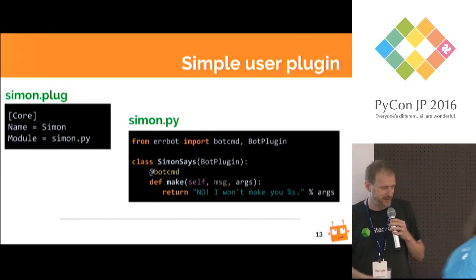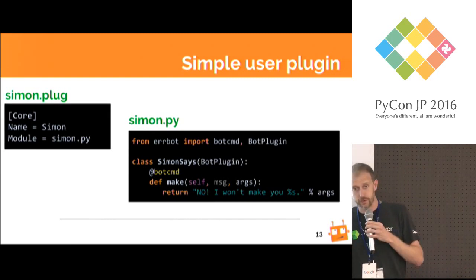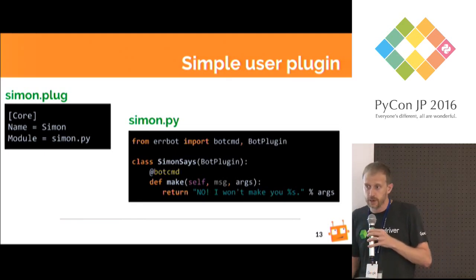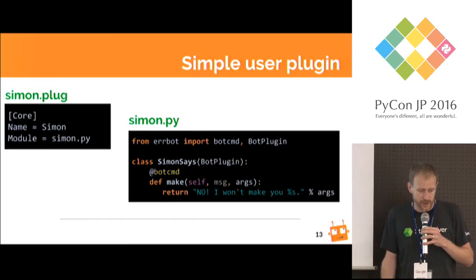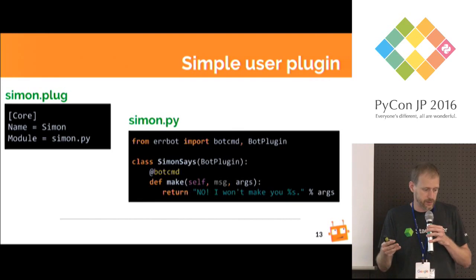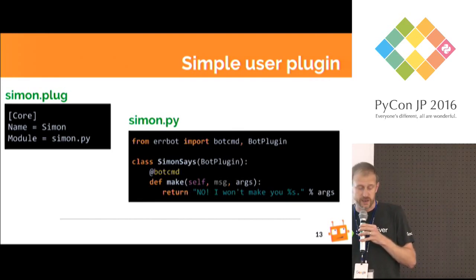So basically here you just point it to the file to load. And in this file, you just have to implement a new plugin. You just have to extend a class, right? A class called BotPlugin. And on this class, you can make new commands that are basically methods on this class.